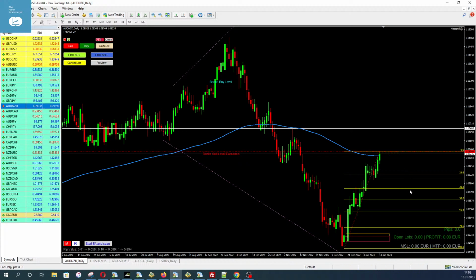But maybe it retests the 23.6 level or the 38.2 level in the new week, that we see a retracement after this impressive up move, and then new buyers could step in here or here. I really like the 38.2 level, because we also have a little bit of resistance at this area.